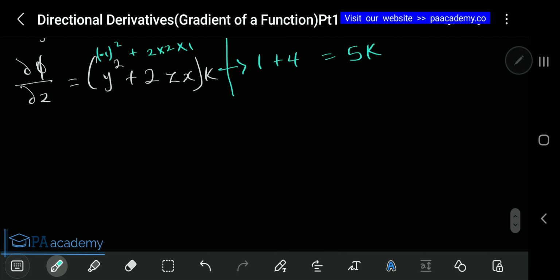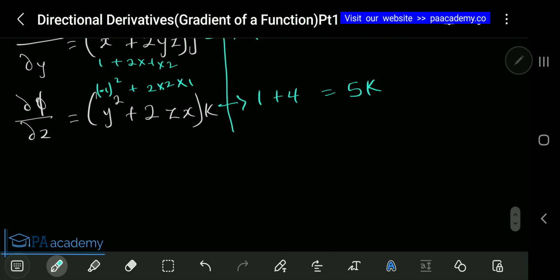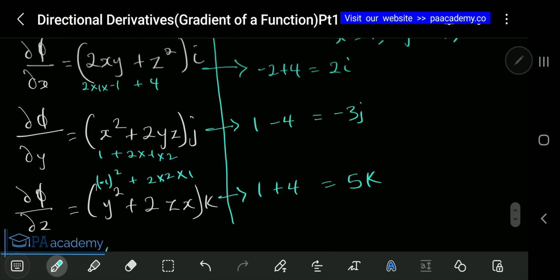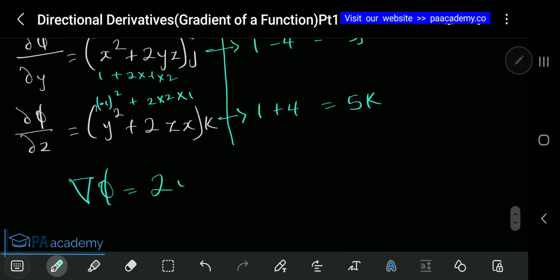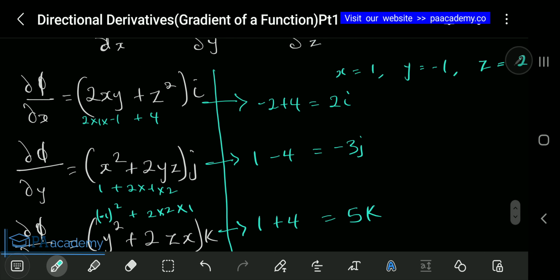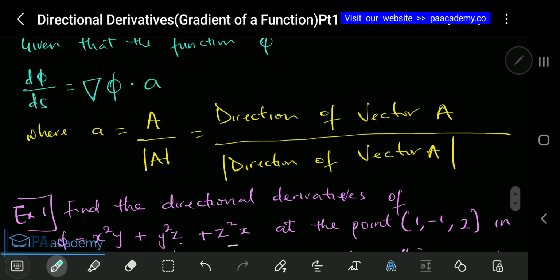Alright, so we can just conclude that our grad phi is 2i minus 3j plus 5k. This isn't our final answer yet. What we've just gotten is this. The next thing we need to calculate is our a, and we've been given the formula for a. So let's go and do that now.